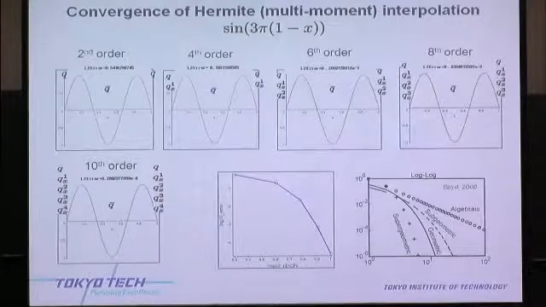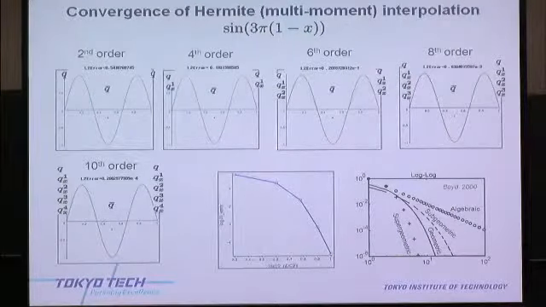We check the convergence rate by plotting the error against the degrees of freedom we use here. We compare this curve with this picture from a book by Professor Boyd.